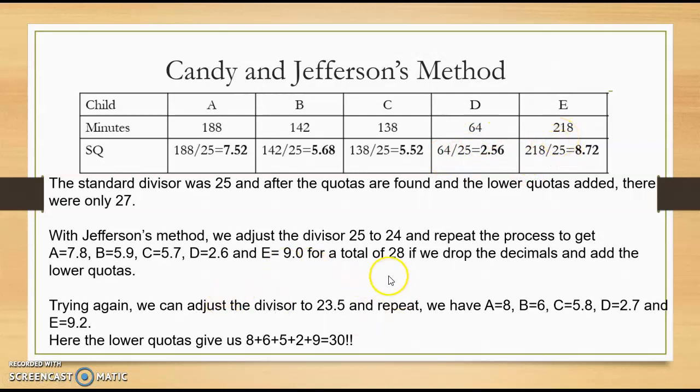We end up with a total of only 28 if we drop the decimals, so we're still too low. Trying again, we can adjust the divisor to 23.5, dividing each of those populations by 23.5. We end up with 8, 6, 5.8, 2.7, and 9.2. At that point, if we drop our decimals, we end up with 8 plus 6 plus 5 plus 2 plus 9, which gives us the even 30 pieces of candy we were looking for.